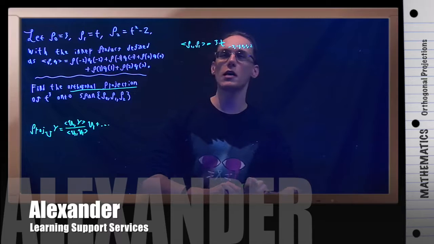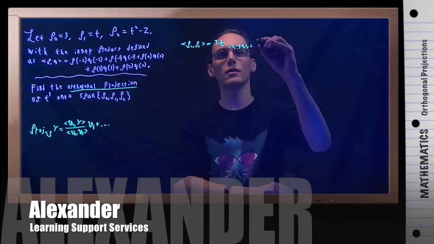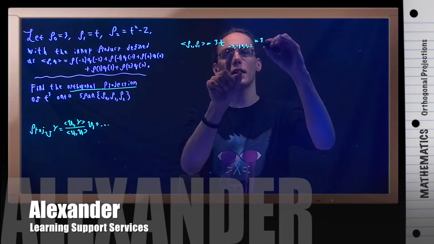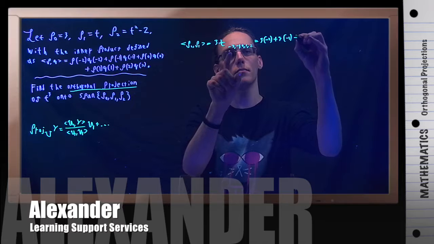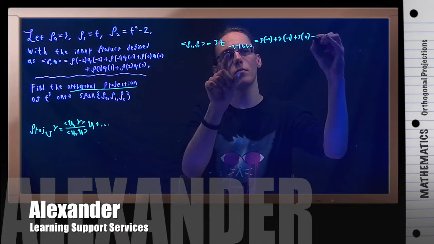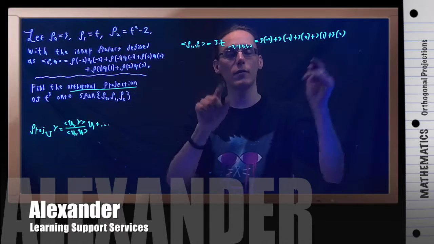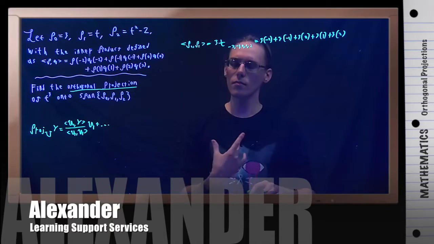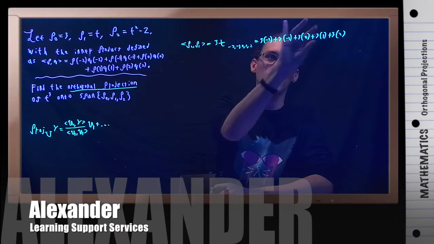That's not standard notation, I'm just noting how I'm thinking of this. So this is 3 times -2 plus 3 times -1 plus 3 times 0 plus 3 times 1 plus 3 times 2.